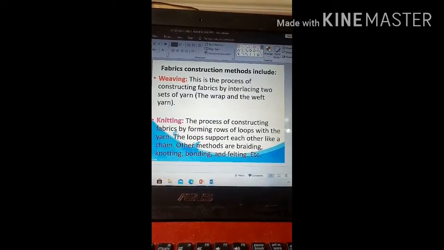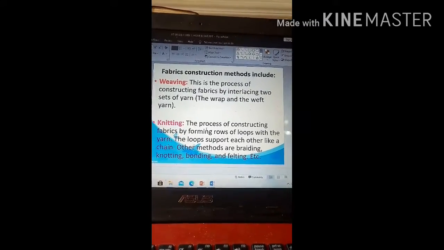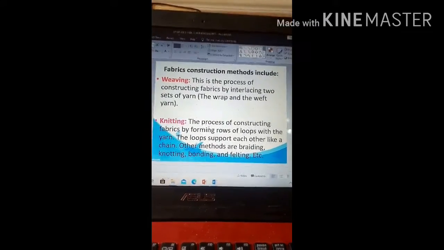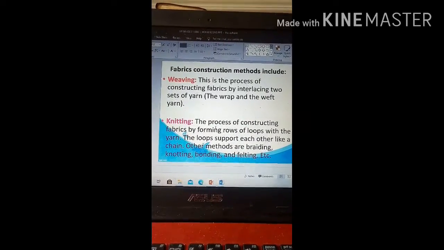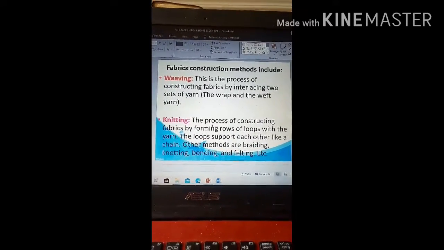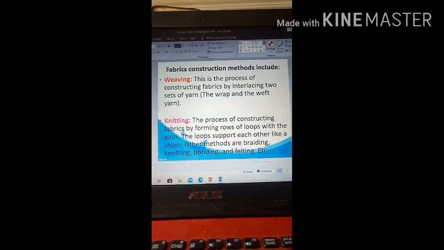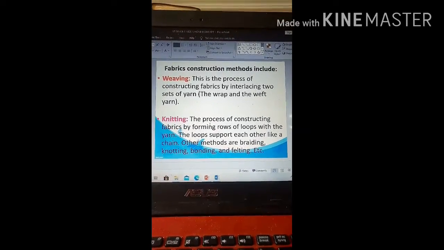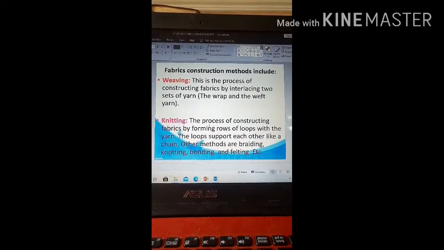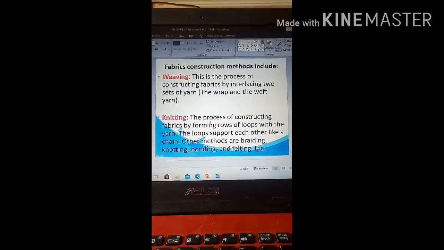Then your cardigan, your school cardigan, that's an example of knitting. When you knit clothes, you're making fabrics. Those cardigans we wear during the raining season or during cold season, you don't weave those ones, you knit them. Then you can knit a cap.